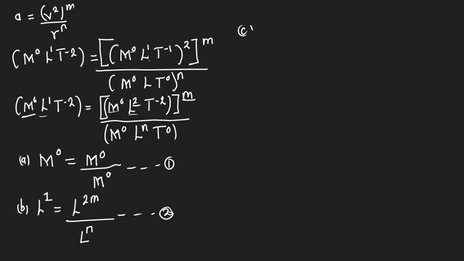Let me do T. If I'm using T, T to the power negative 2 is going to equal, we also have T to the power negative 2 here. So this is going to be T to the power negative 2M, all over 1, since anything raised to the power 0 is 1.